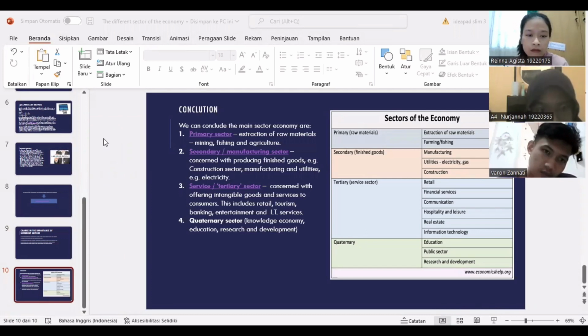Third, the tertiary service sector, concerned with offering intangible goods and services to consumers. This includes retail, tourism, banking, entertainment, and IT service. And the fourth, the quaternary sector, the knowledge economy, education, research, and development.